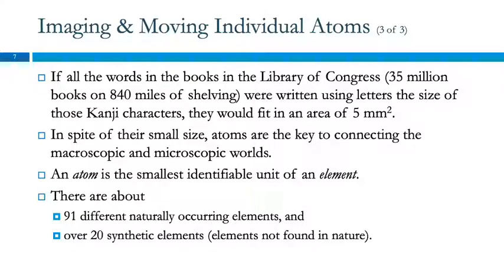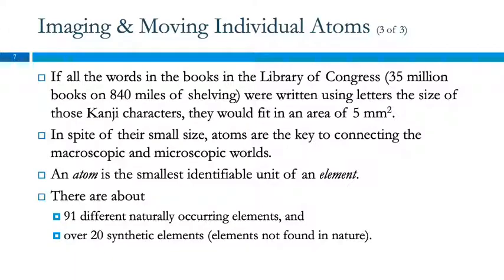If you took all the words in all those books and wrote them using letters the size of those kanji characters, they'd fit in an area of 5 square millimeters. So 1 millimeter, 1/10 of a centimeter, by 5 millimeters. All the words in 35 million books. It's mind-boggling. Very, very small.